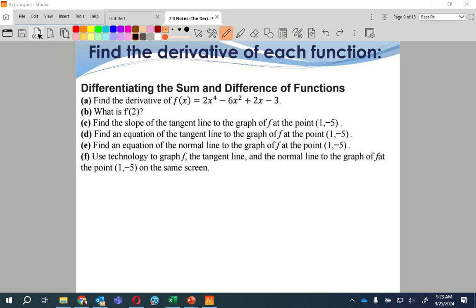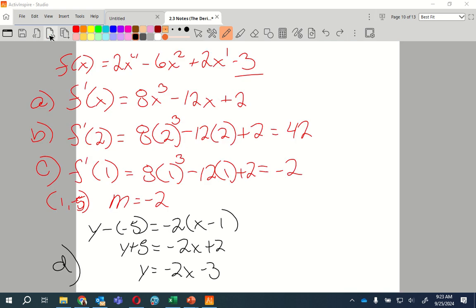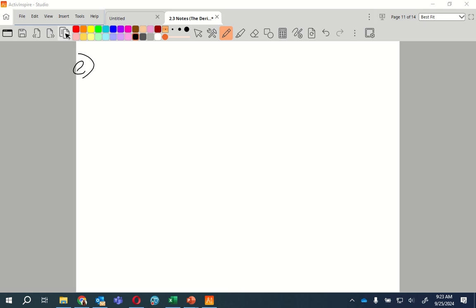Part E, equation of the normal line. Perpendicular would be, if my slope was negative 2, my perpendicular slope would be positive 1/2.